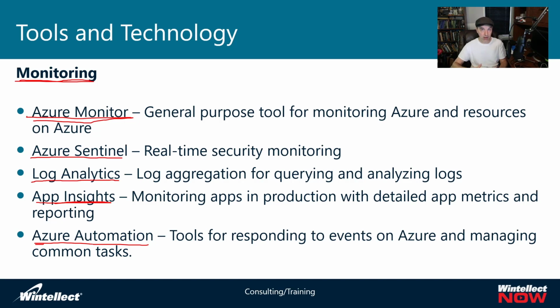Maybe it's turning off VMs at a particular time of day or booting VMs up at another particular time of day. Maybe it's increasing the compute capacity of a database or scaling that down whenever you're going off hours. Things like that. It's basically a suite of tools for building automated processes that can be invoked manually or by things that happen in your Azure environment based on the monitoring solutions that you have in play.